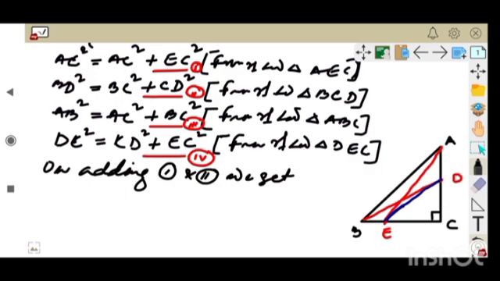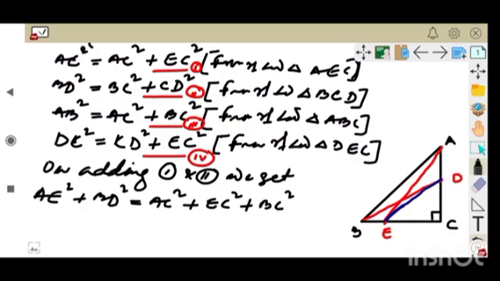So from equation 1 and 2. Fine. AE square plus BD square will be equal to what? We have AC square plus EC square plus BC square plus CD square equal to, here what happened, I'll make AC square and BC square as a group, and next EC square and CD square as a group.